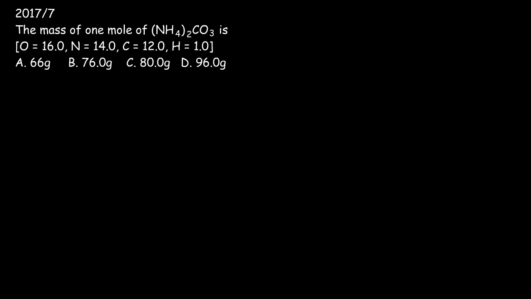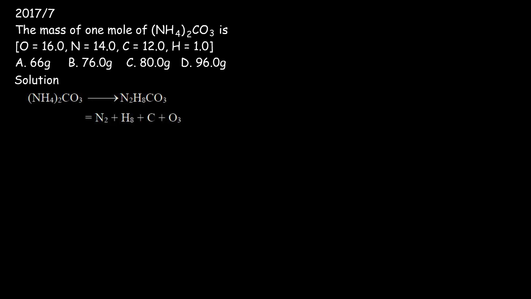We have another question that states: the mass of 1 mole of ammonium carbonate is, and we're given the atomic masses of all the elements. That's oxygen 16, nitrogen 14, carbon 12, and hydrogen 1. Now, for our solution, finding the mass of 1 mole, (NH4)2CO3 is equal to N2, that's 2 nitrogen, H8 and CO3.